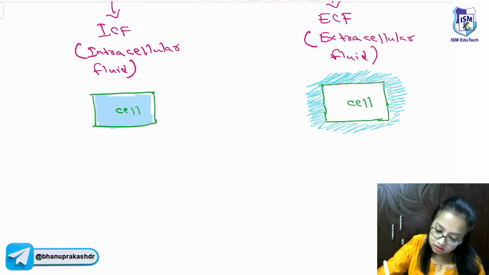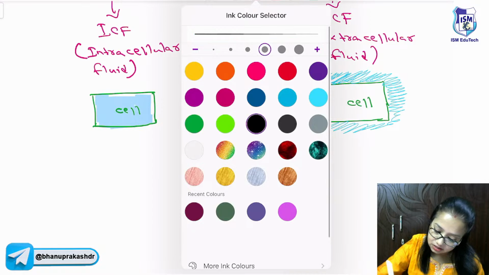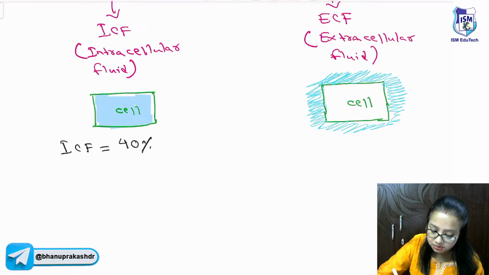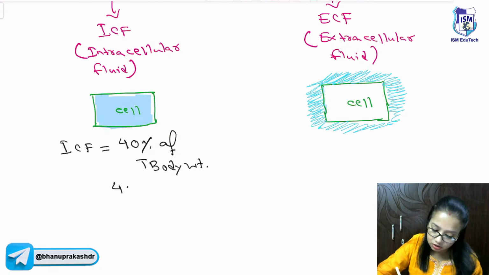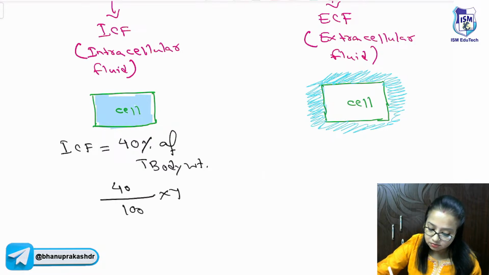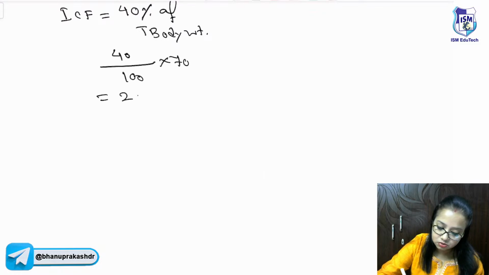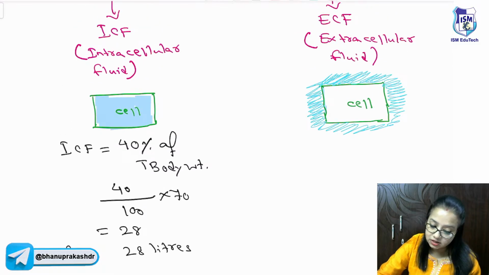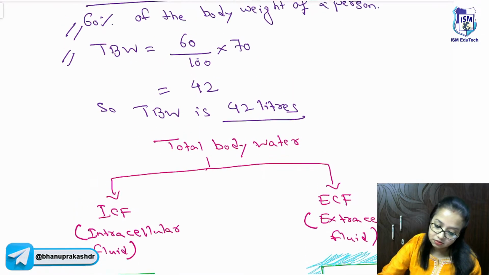Now, going by the volume, intracellular fluid is like 40% of the total body weight. So, assuming that the person is 70 kgs of weight, 40% of 70 is 28 liters. And the remaining 20%, where are this 20 and 40 coming from? This is coming from the 60.